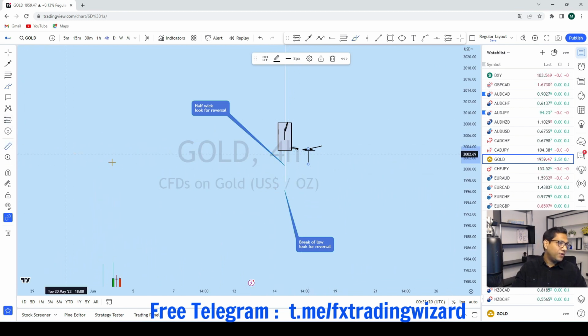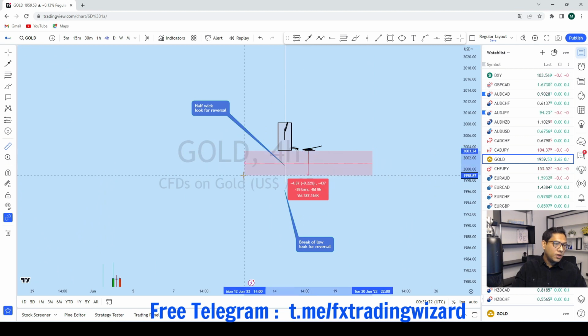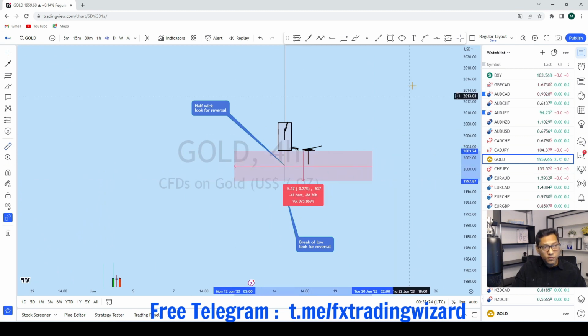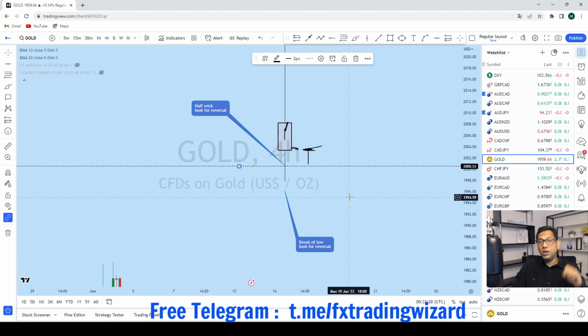If you take 50% of the lower wick, you'll see that most of the time, and I'll show you real chart examples, the price will react to this level. There is a reason behind it. Now if you identify this candle on the higher time frame, you know the level where to look for the biggest trade. I'll show you what other factors you need to consider when you are looking for this trade.